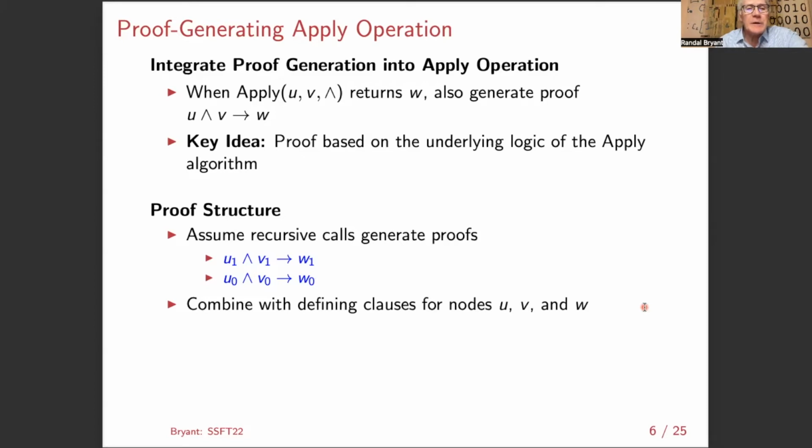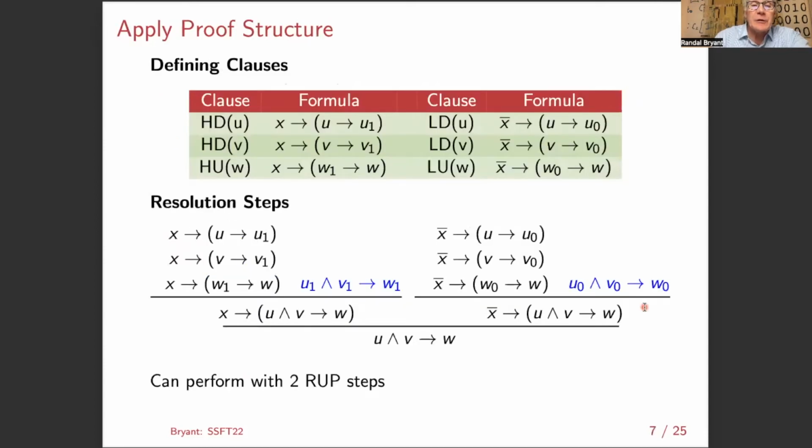And to do this, we can assume that our recursive calls have also generated proofs of their respective results. And so now we can combine the proofs we generated for these recursive results with the defining clauses for nodes u, v, and w, as is shown here.